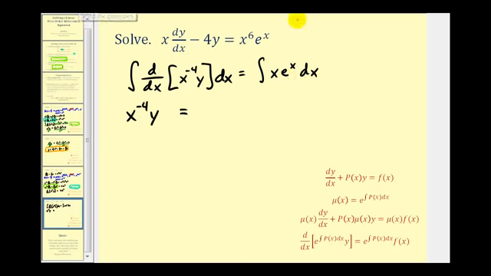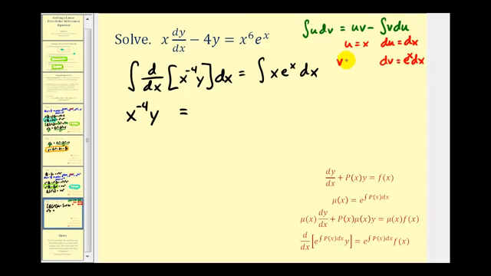So just to review, here's the formula for integration by parts. So to integrate here, we would let u equal x. So du is equal to 1 dx, and dv is equal to e to the x dx.